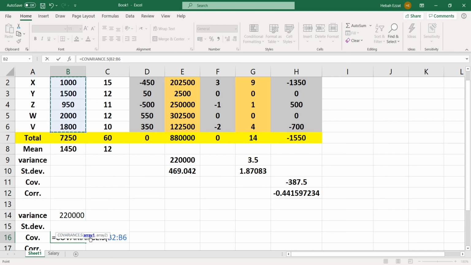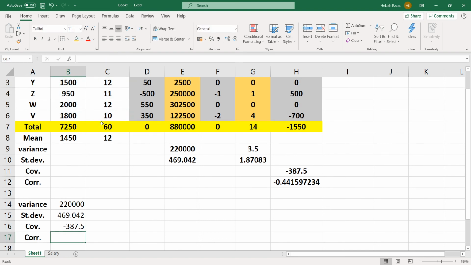So you'll find here array 1 refers to the set of the data included in the first array, or the x's, and here array 2 to select the range of the second data. Then close the bracket. Again the same as our value.